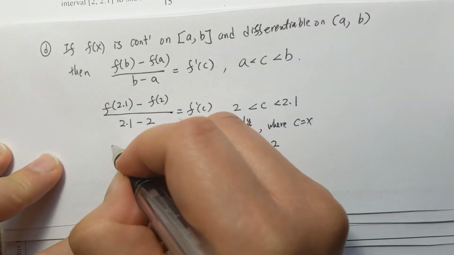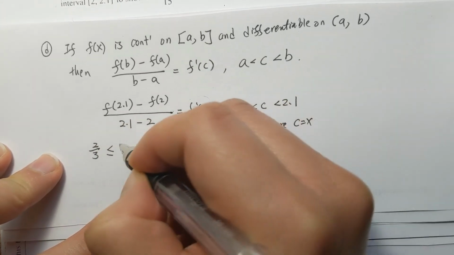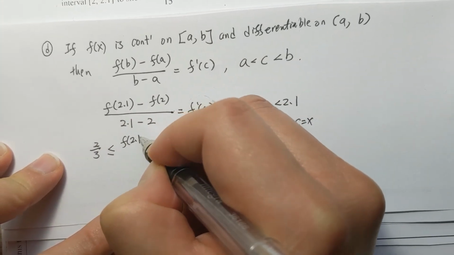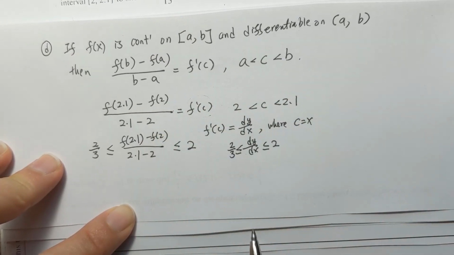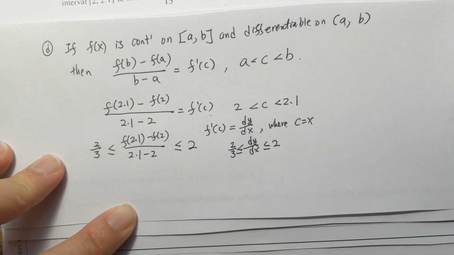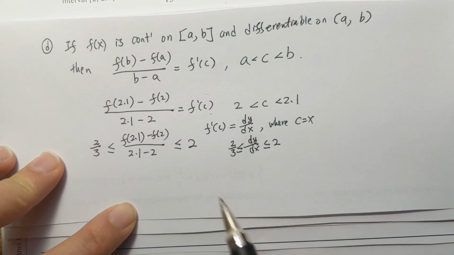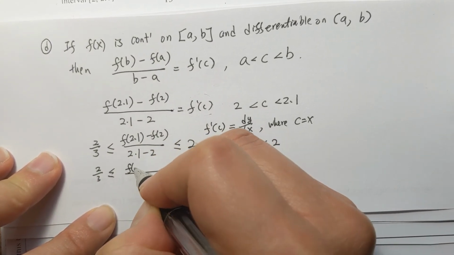Okay, so now I can say, because this is the slope, now I'm going to use algebra to simplify it. So I get 2 less than equal to this.